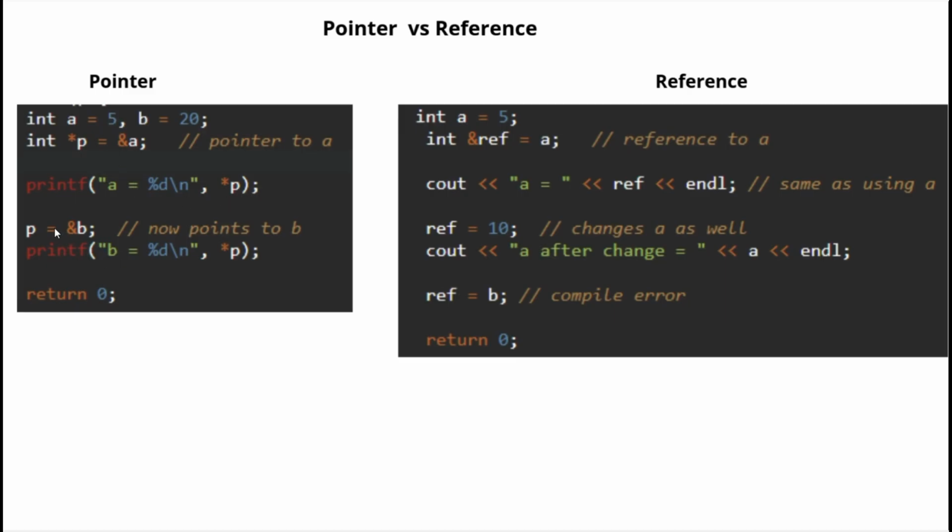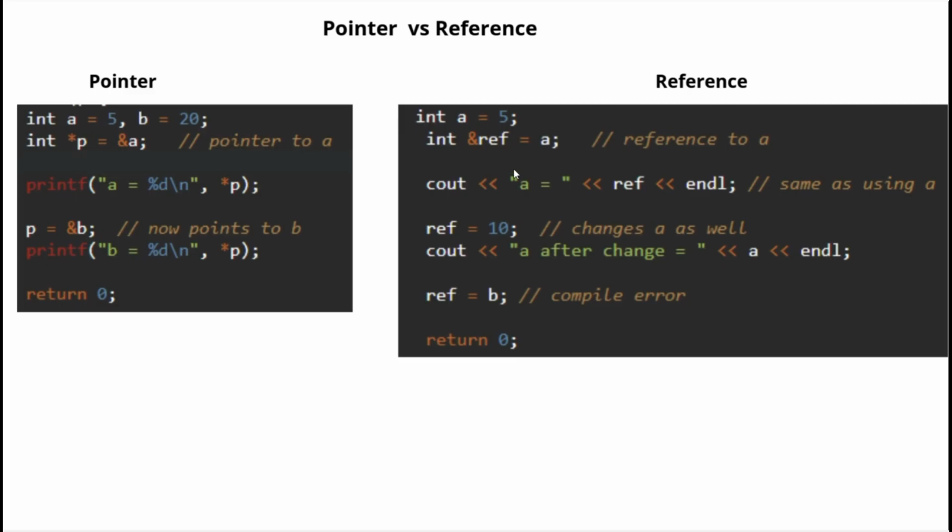Similarly, instead of pointing to the memory address of a, I can point to the memory address of b. If I print, it will print 20 because b has the value 20. Here you dereference using star and then print it. You can change the pointer to any address, and it won't give you any issue.